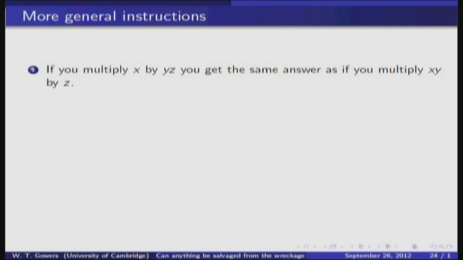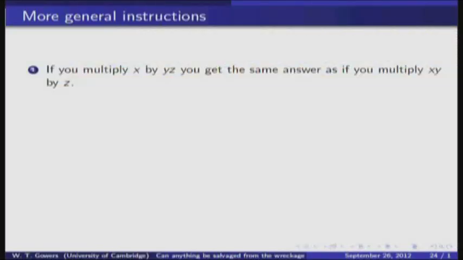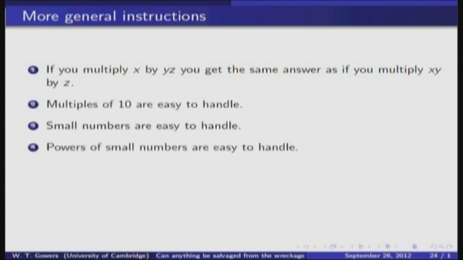For example, one of the things that we use a lot is associativity of multiplication. I'll come back to where I used that just now. So that's the rule that x times yz is the same as xy times z. Seems incredibly obvious, but the point is that we can actually use it to simplify calculations. And other things that we use, it's nice and easy to handle multiples of 10. So if you can modify your calculation to get a multiple of 10, that's sort of good news.